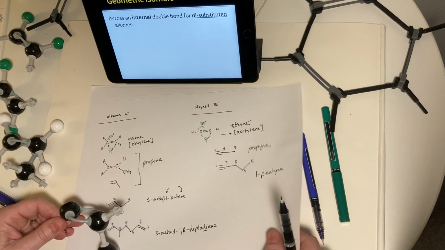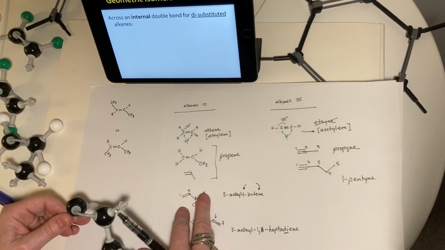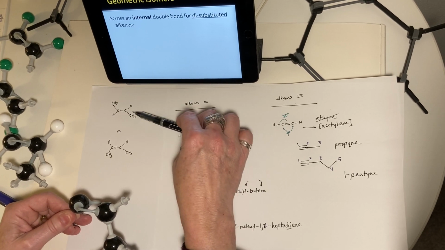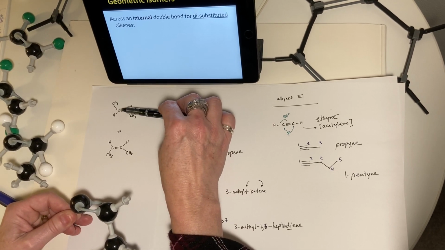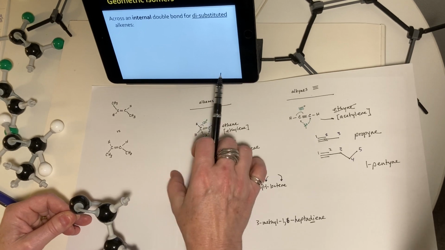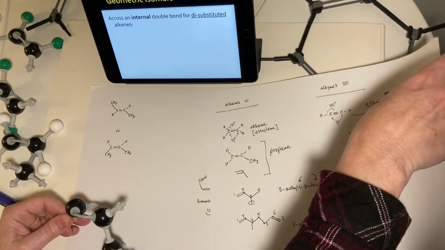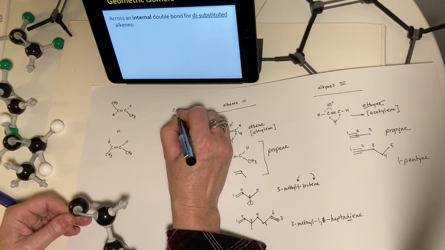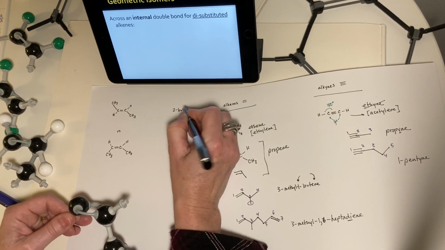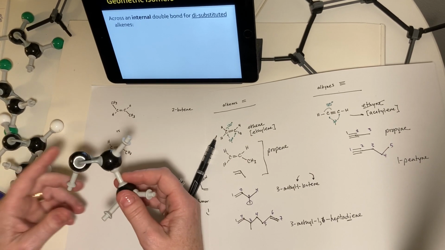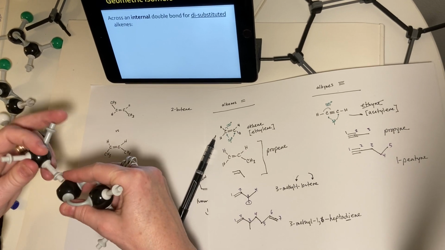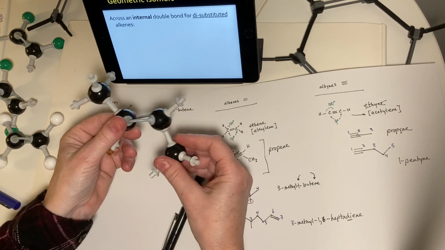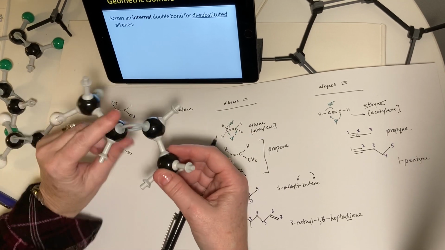So I could think about maybe just a butene here, and I'm making this a 2-butene. So I start the double bond at the second carbon. So we have 2-butene. And so I'm trying to make that here, 2-butene. And I put that in. Hopefully you can see that. And here's the thing.